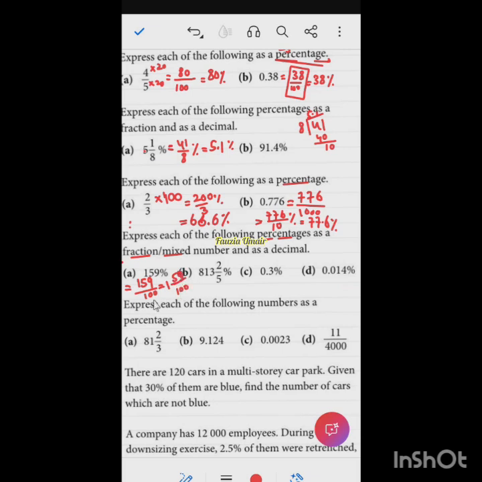Yes. We converted improper fraction into mixed number because question में उन्होंने हमें कहा है. ठीक है? So now what will be the decimal form? अच्छा, पहले हम सारे fractions लिखते हैं. पहले सारे fractions लिखते हैं, ठीक है? So the next is 813 whole 2 by 5%.